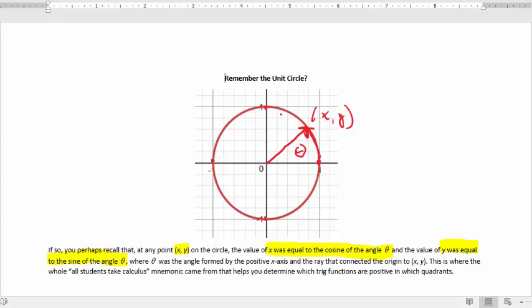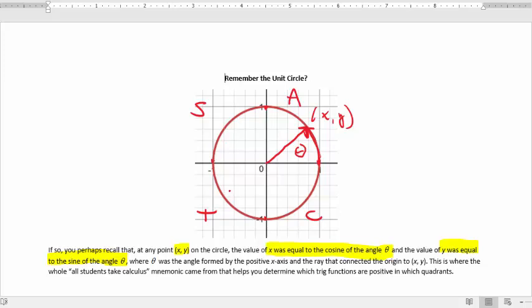All Students Take Calculus, right? If you remember, you would come up with this ASTC, which meant that in the first quadrant, all of the trig functions were positive because both x and y were positive, right? In the second quadrant, sine was positive, because sine is the y value, but cosine, which is the x value, is negative, right?